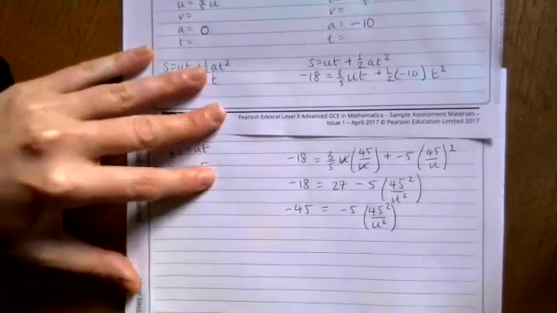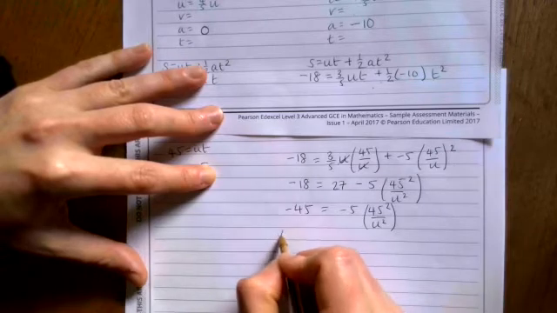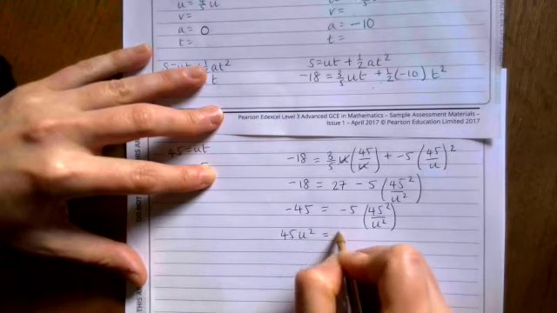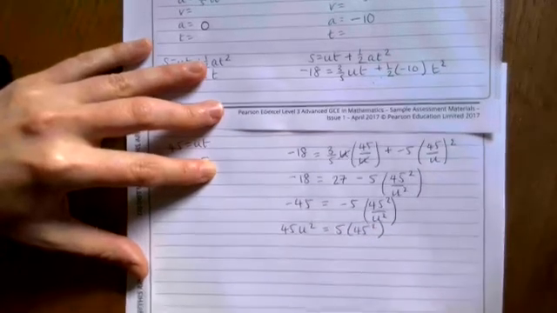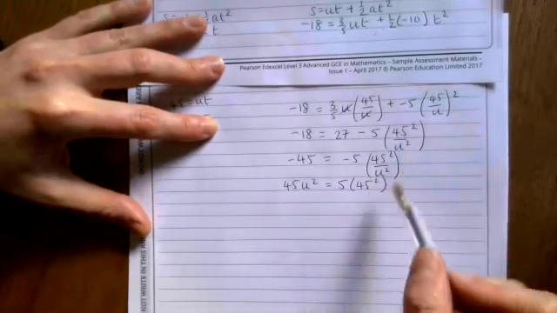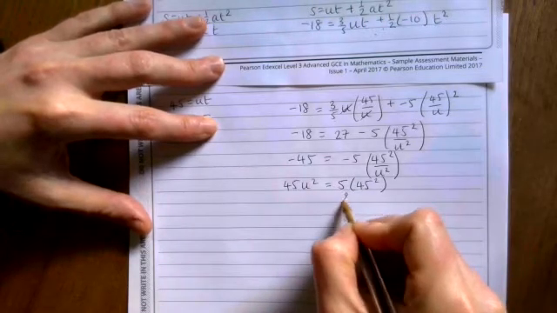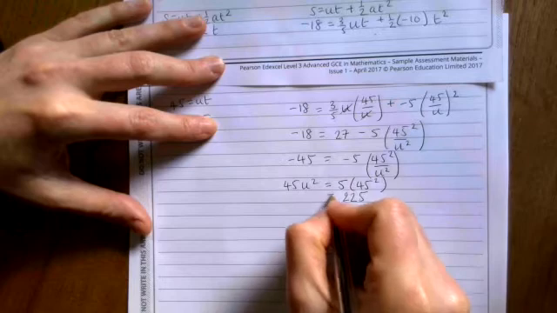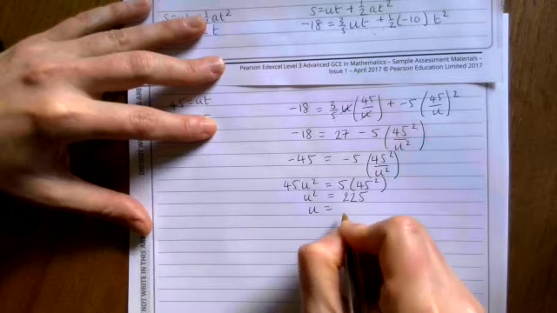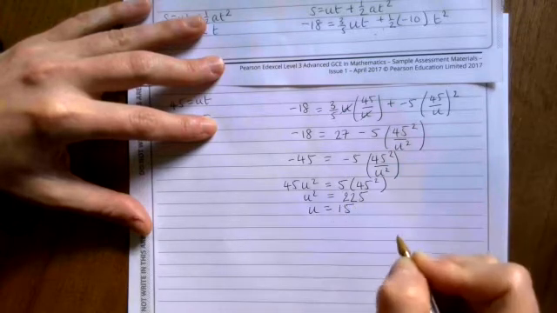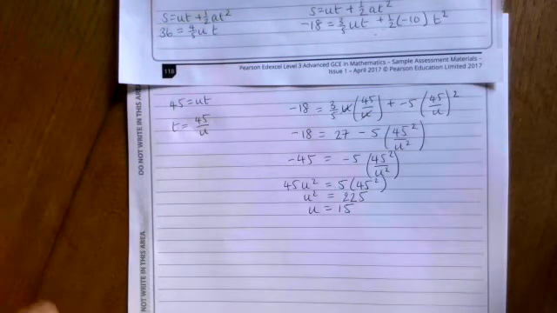Going to multiply by u squared now and by negative 1. So 45 u squared equals 5 lots of 45 squared. So 45 squared times 5 divided by 45 is 225. So u is the square root of 225, so it's 15. So that's part A done.